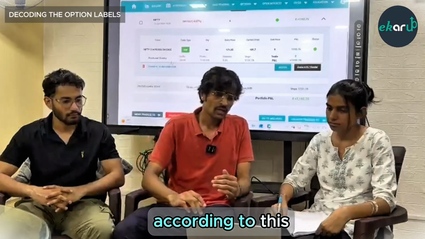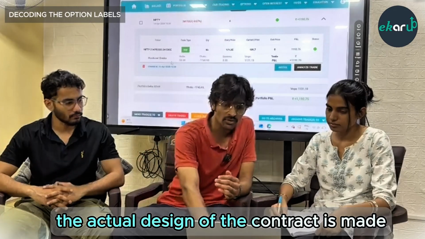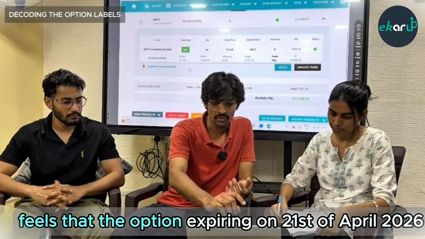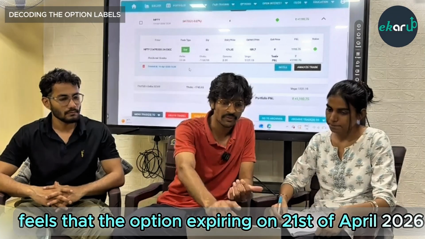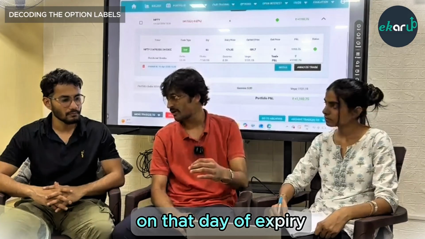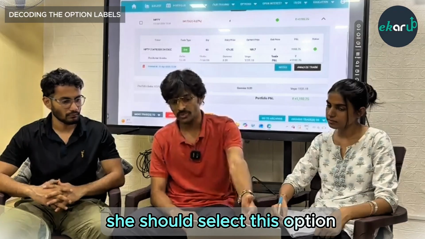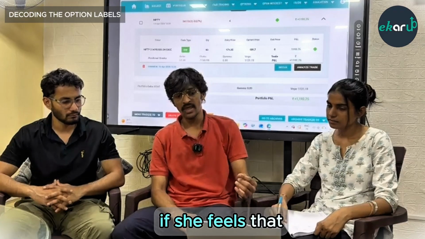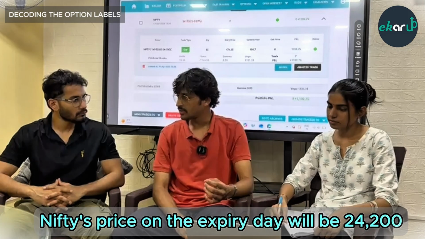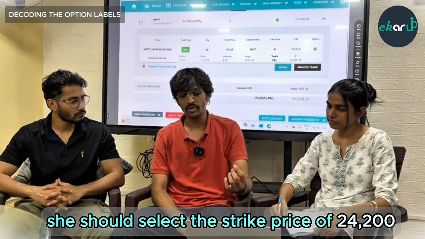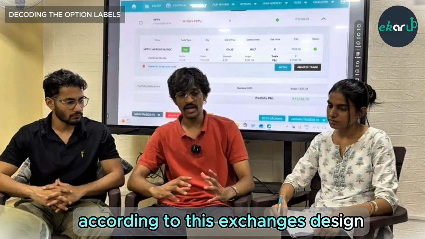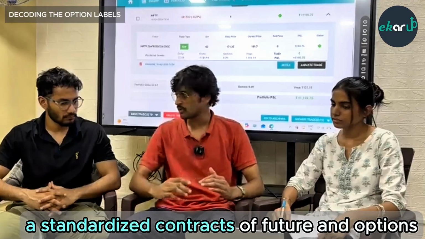According to this, the actual design of the contract is made such that if she feels that on the expiry on 21st of April 2026 the Nifty's price will be 24,150 on that day, she should select this option. If she feels that Nifty's price on the expiry day will be 24,200, she should select the strike price of 24,200. According to this, exchanges design standardized contracts of futures and options.